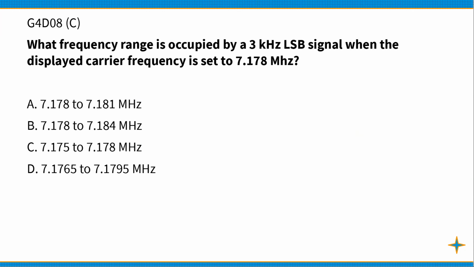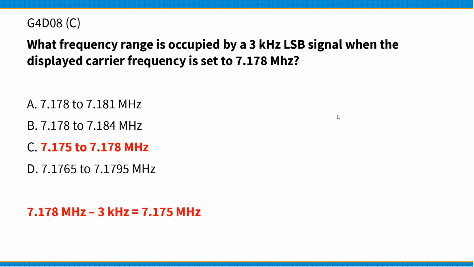Right, 7.175 to 7.178. It can't be D because it's got to have 7.178 in it, either higher or lower than that.